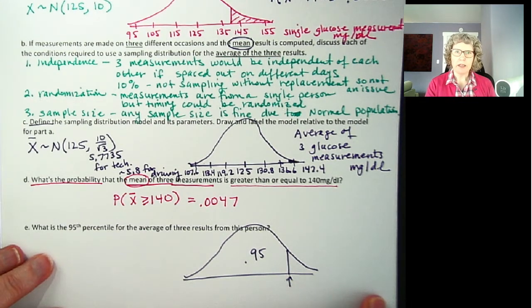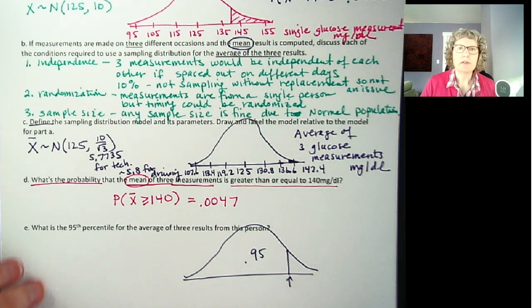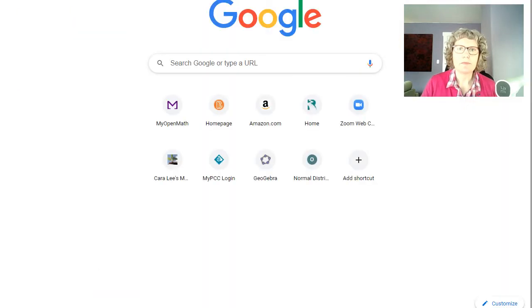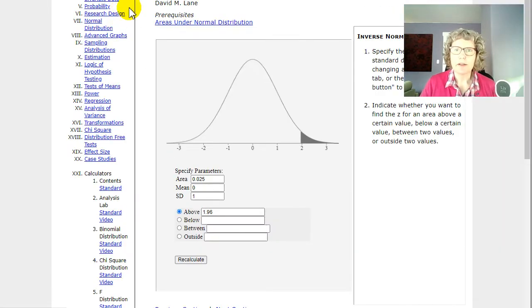What would that be? Okay, so now I need to go back to my online stat book and the other link for the inverse normal. This is the inverse normal, and I'm going to stick with the below because that's the typical interpretation of percentile, but remember you could also do 5% above.